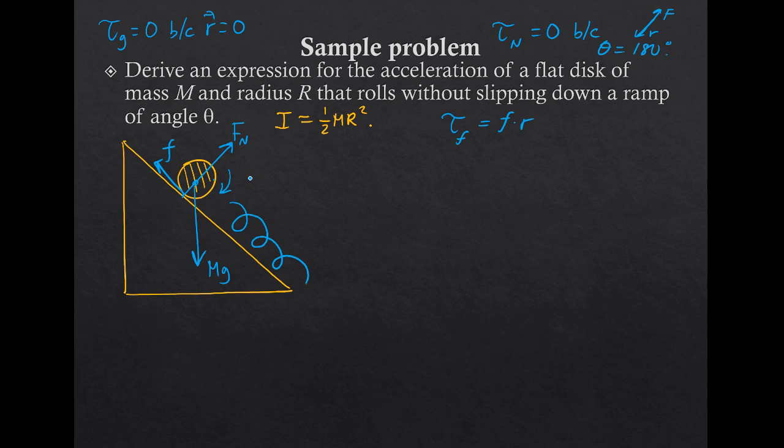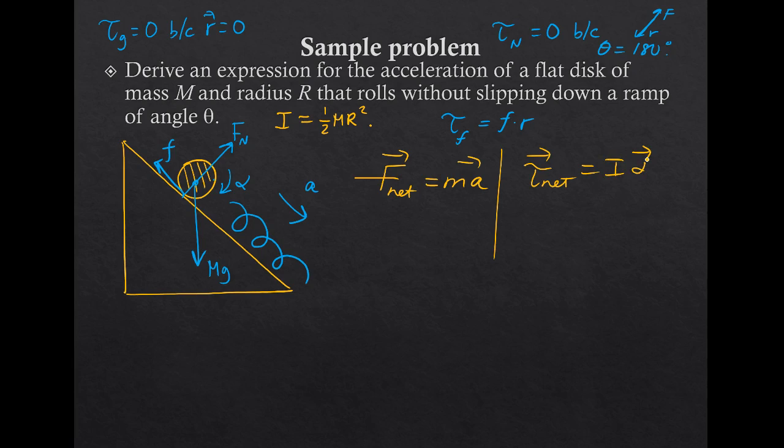And we're going to pick the angular acceleration to be positive in the clockwise direction, and that will make everything consistent and allow us to accelerate down the ramp. So typically when you solve these kinds of problems, you want to set up two equations. Fnet equals ma and torque net equals I alpha.